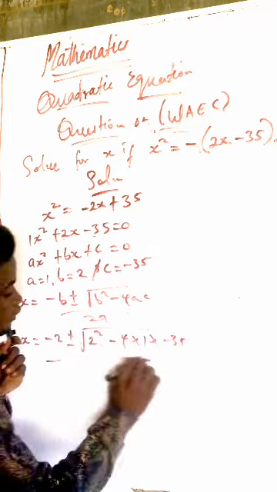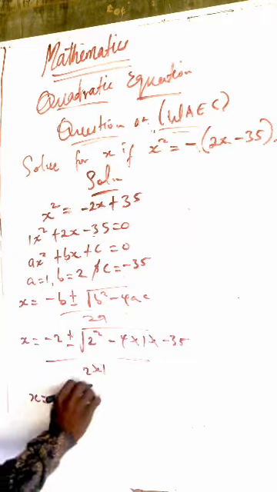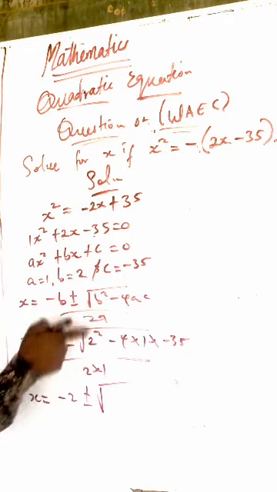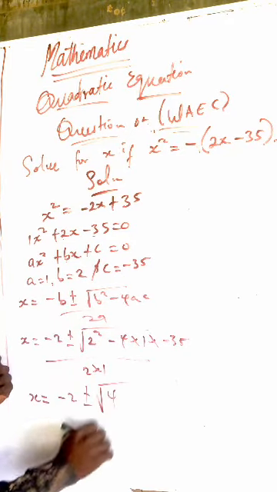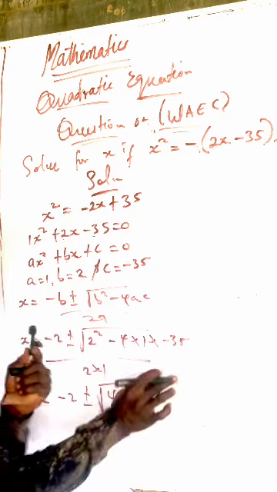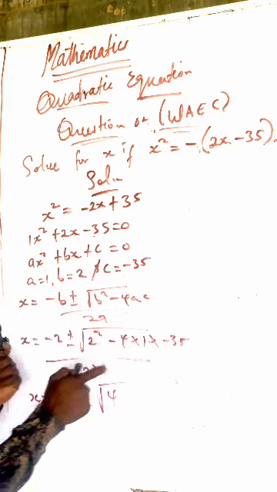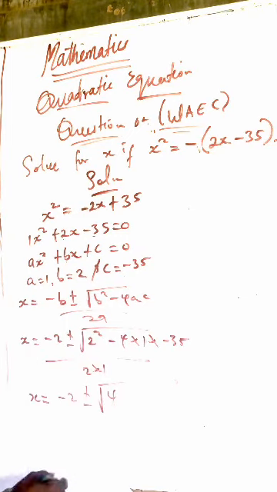Okay, all this over 2 times a, a is 1. So x now will be equal to minus 2 plus or minus the square root of 2 squared, which is 2 times 2, which is 4. Remember, before you take the next sign, multiply first. Minus 4 times 1 is minus 4. So now minus 4 times 35.